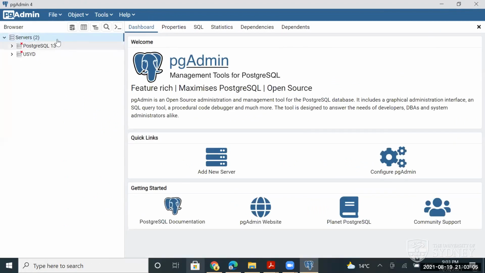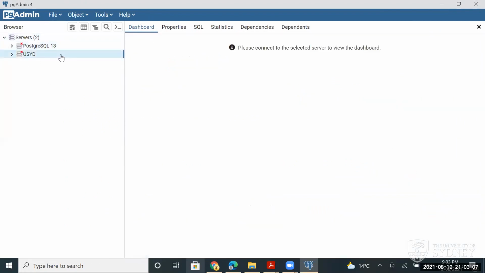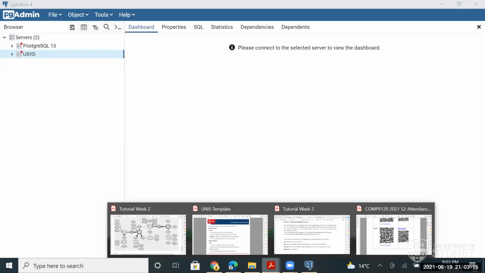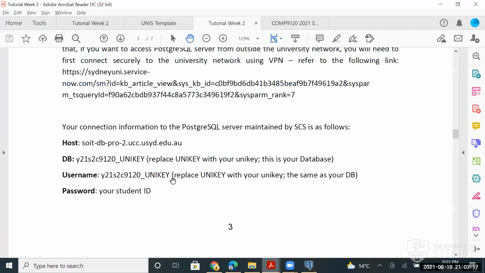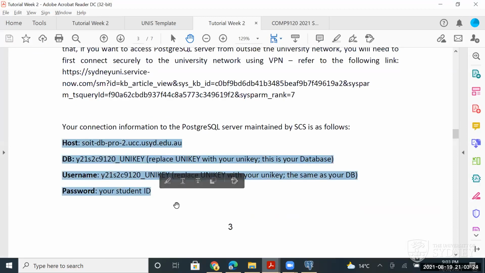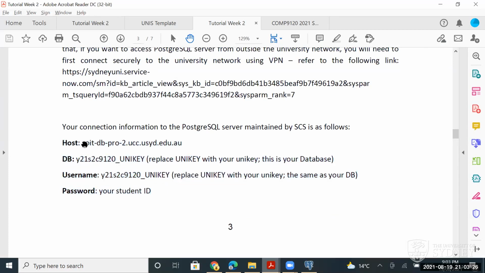You can see here I have two database servers. I actually created this second one earlier using the settings given on this tutorial handout. So please use these settings when you create a server. Use this as the host. Database name is this. Okay.